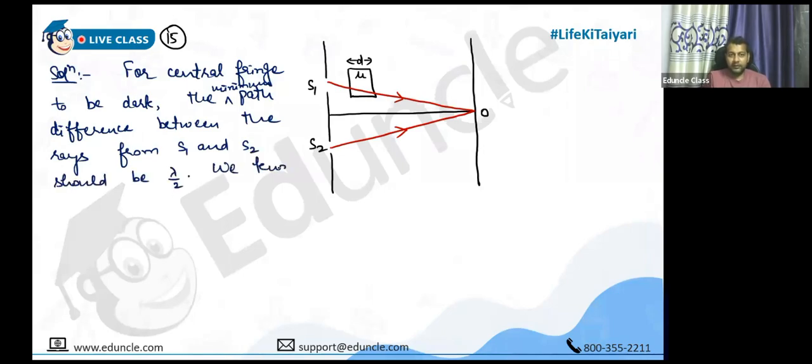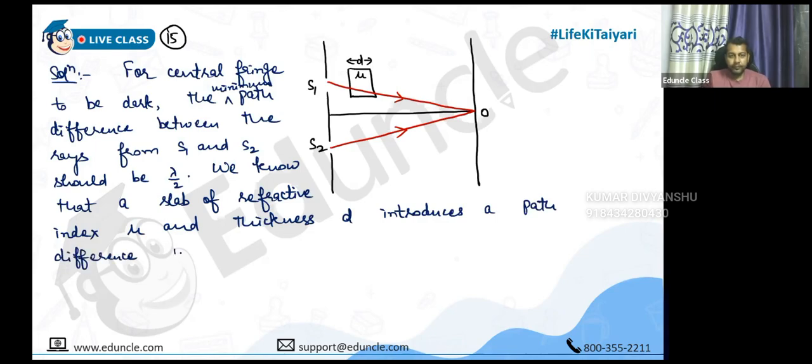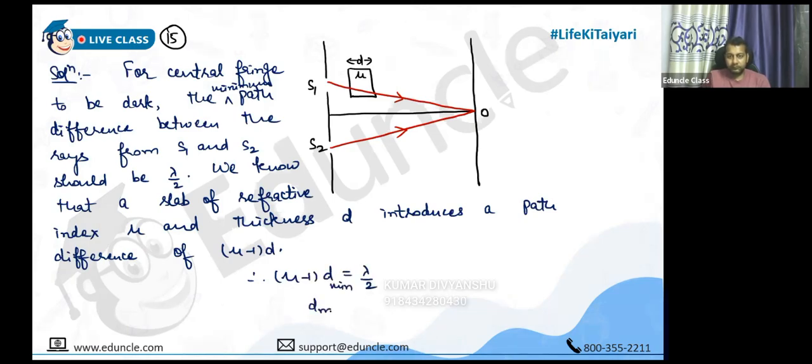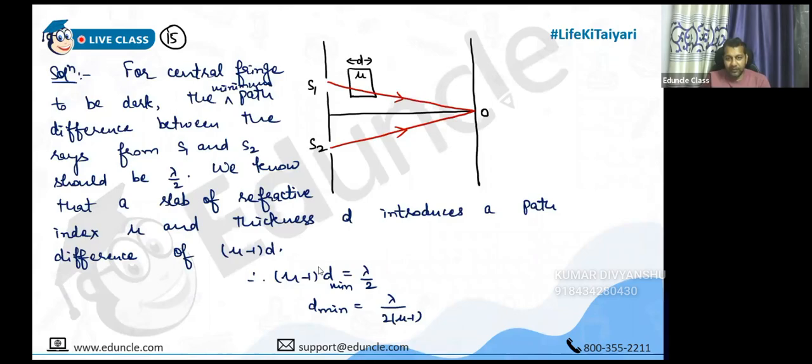Now we know that for minimum path difference, t will be minimum, na?